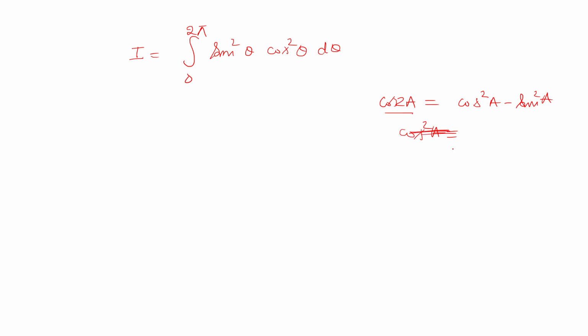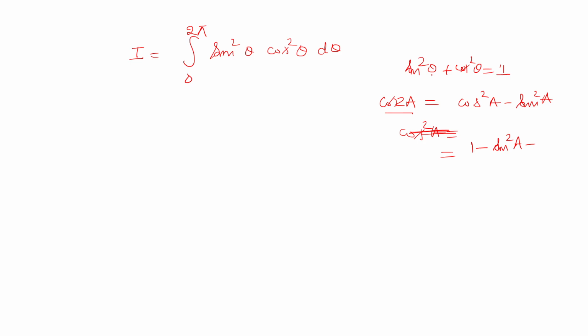But we also know the identity sin²θ plus cos²θ is equal to 1. So let us substitute one by one, one in terms of sin, one in terms of cos. First let us substitute in sin.